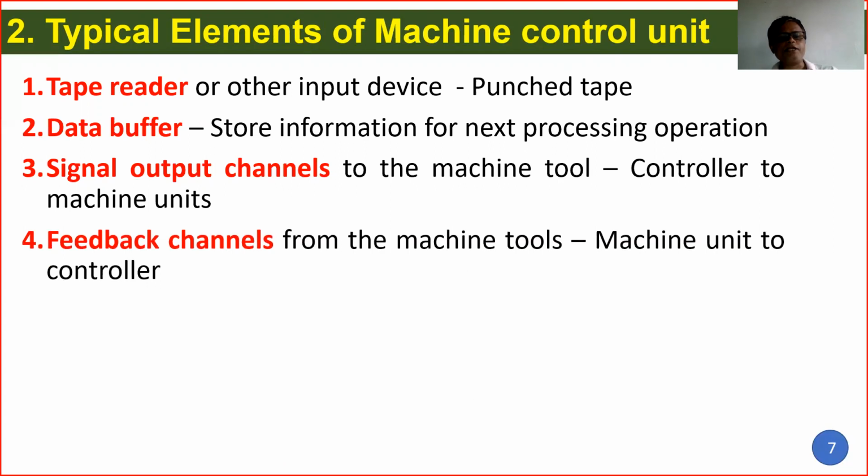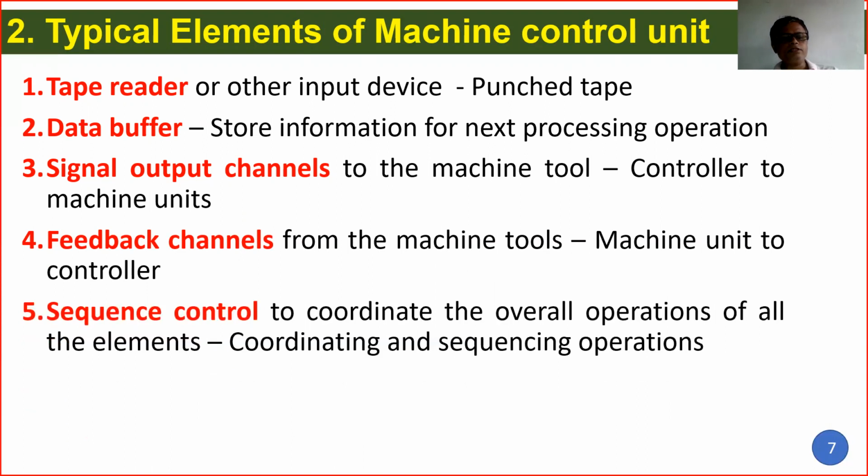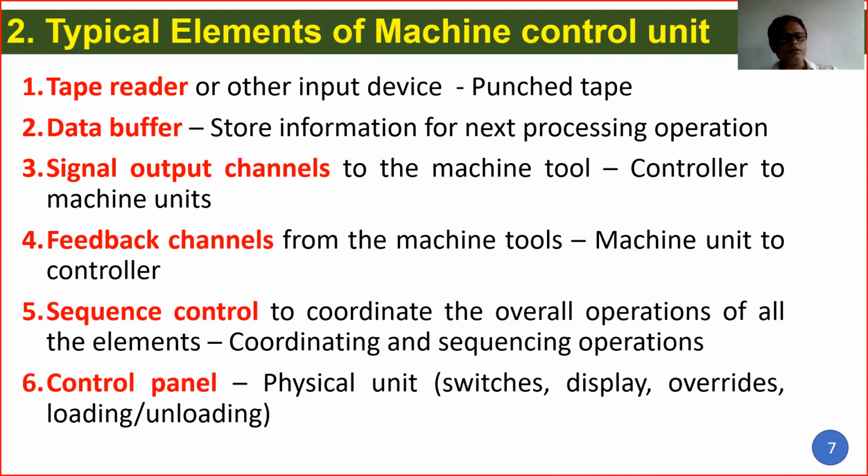Then there are feedback channels from the machine tool to the controller. Then there are sequence controls to coordinate the overall operations of all the elements. Then there is the control panel, which is a physical unit consisting of switches, display, overrides, and loading or unloading.